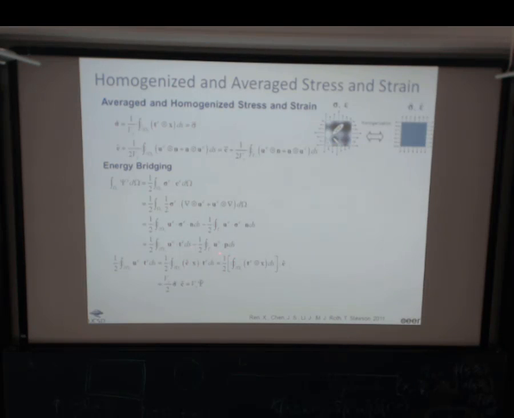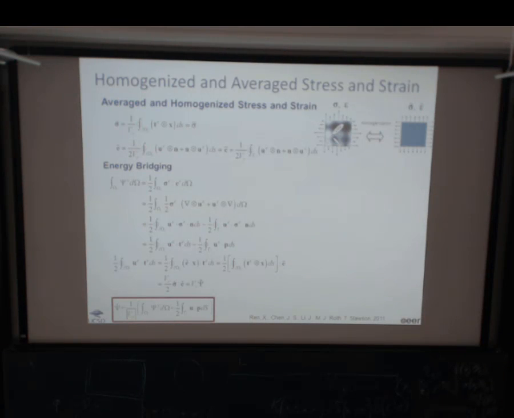You bring that into here, you can show in the end this, I think it's a very important equation. What it says is that the Helmholtz free energy in the cracked microstructure, plus the surface energy, in a density sense, divided by the volume, is equivalent to the free energy of this homogenized continuum. Okay, and the homogenized stress and strain are defined, as I said, here.